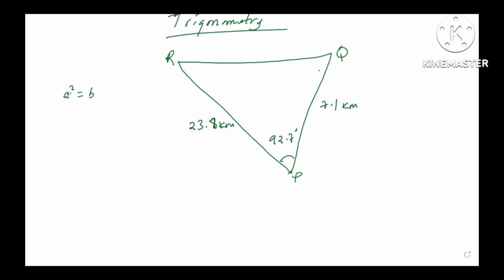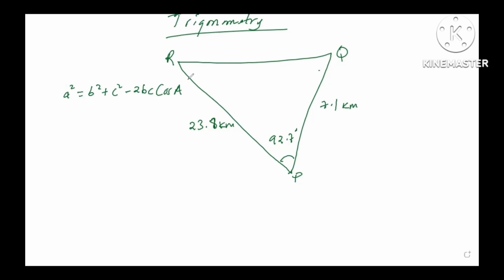Tisa, you can tell me, is a squared equal to b squared plus c squared? Is it time minus? Minus, I think it's 2bc. Then cos what? Cos A, right? Cos A. Yes. Okay, thank you.